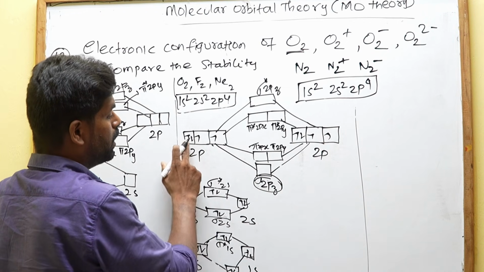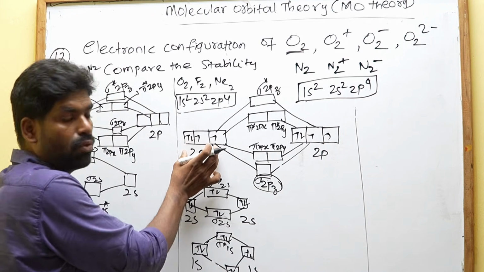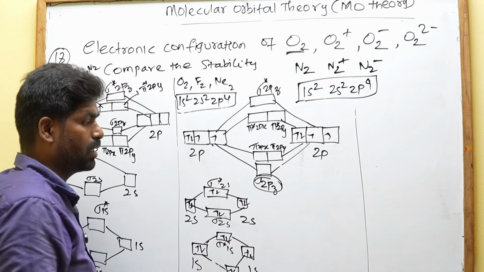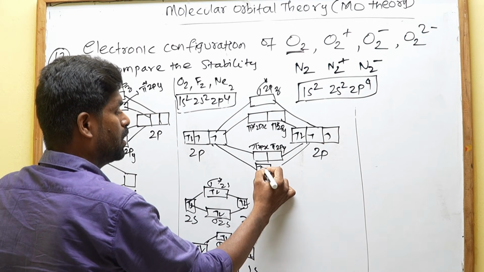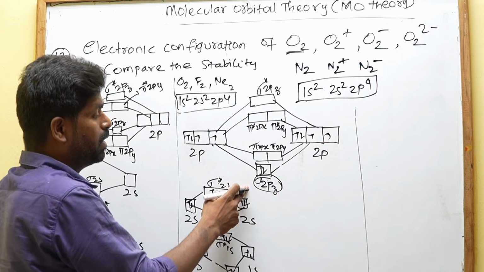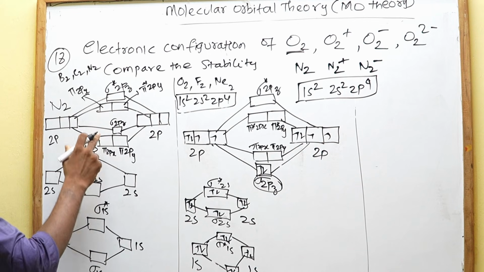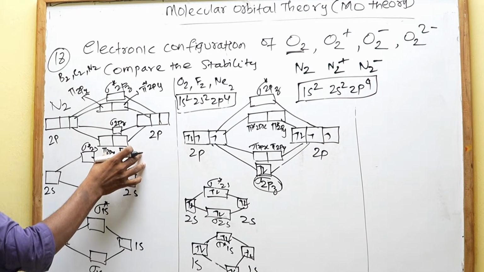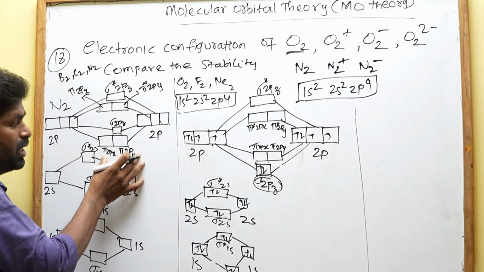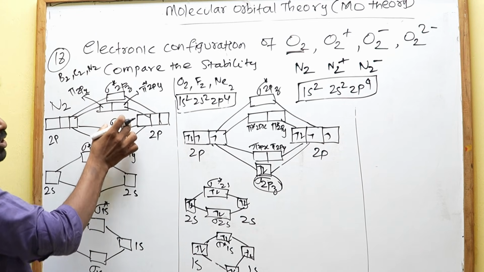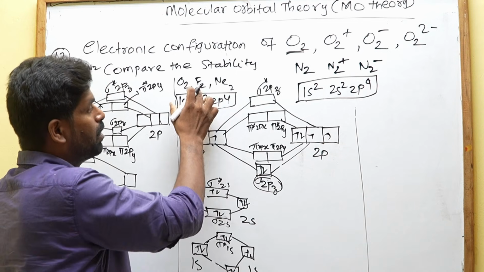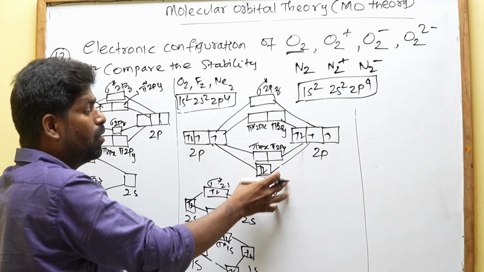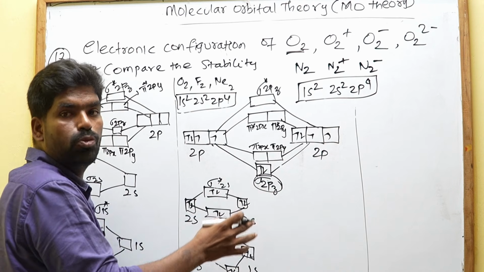Now look here, this 2p orbital has 4 electrons and this 2p orbital has 4 electrons, therefore a total of 8 electrons. Now fill the 8 electrons in increasing order of energy. In the dinitrogen, dicarbon and diboron case, pi 2px and pi 2py occupy lower energy positions compared to sigma 2pz, whereas in the oxygen, difluorine and dineon case, sigma 2pz occupies a lower energy position compared to pi 2px and pi 2py.